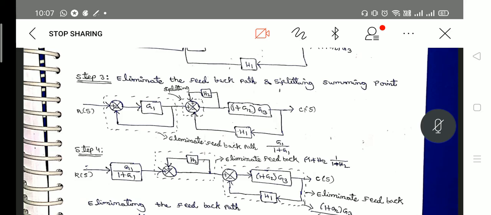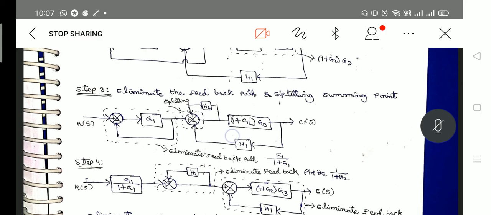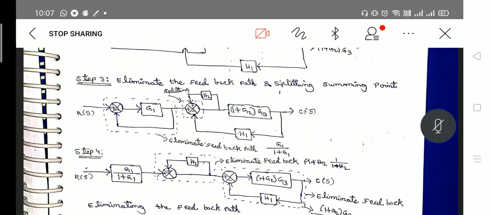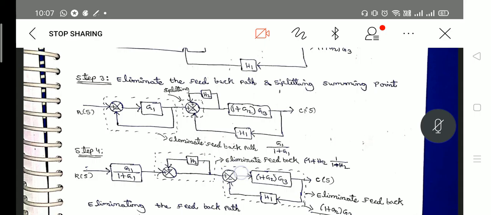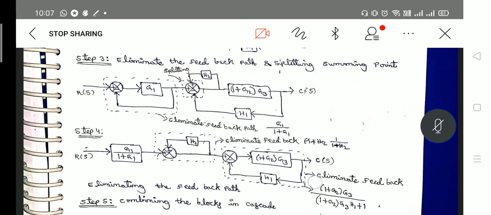So we will get minus H1 to here. This minus H1, I am taking to another summing point. I am splitting this summing point and taking it to this side. Okay, so we will get a negative feedback loop here, and this is the positive feedback loop.